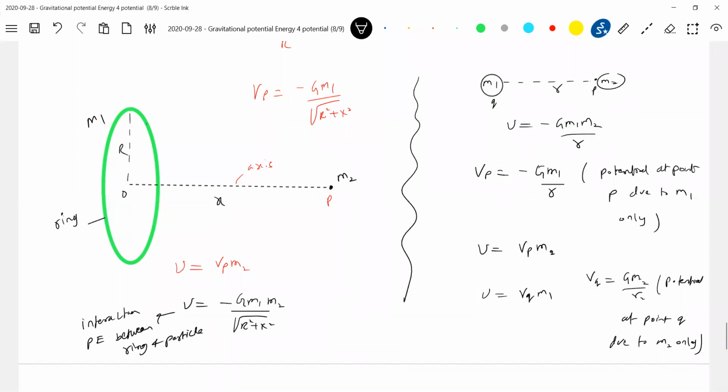In more than one option, they define it like this. The interaction potential at point P can be defined as the potential at point P only due to M1 into M2, which will be the interaction potential. It's a correct definition. Or the potential at point Q only due to M2 into M1 will be the interaction potential. Both are the same, because finally we'll end up with the same answer.